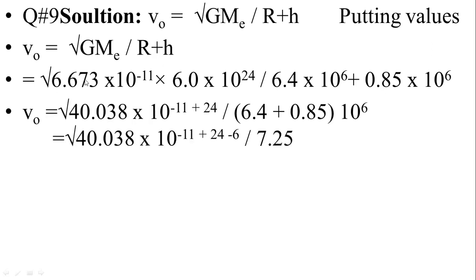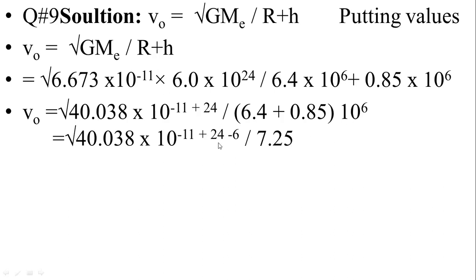Now multiplying 6.673 by 6, the answer is 40.038 multiplied by 10 raised to power minus 11 plus 24. Taking common 10 raised to power 6 in both, 6.4 plus 0.85 becomes 7.25.